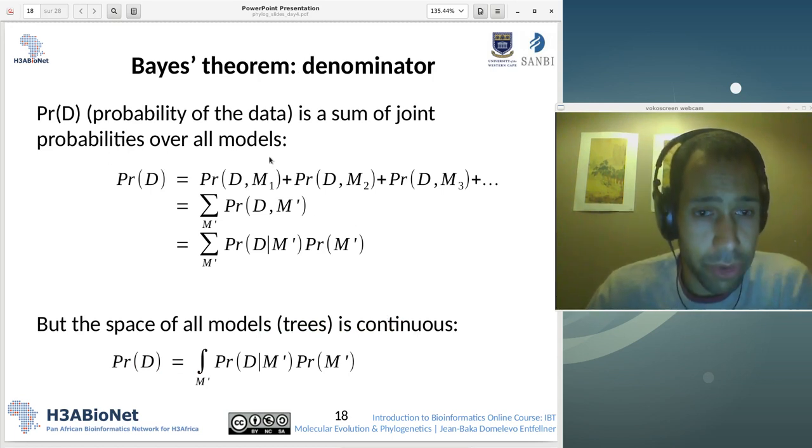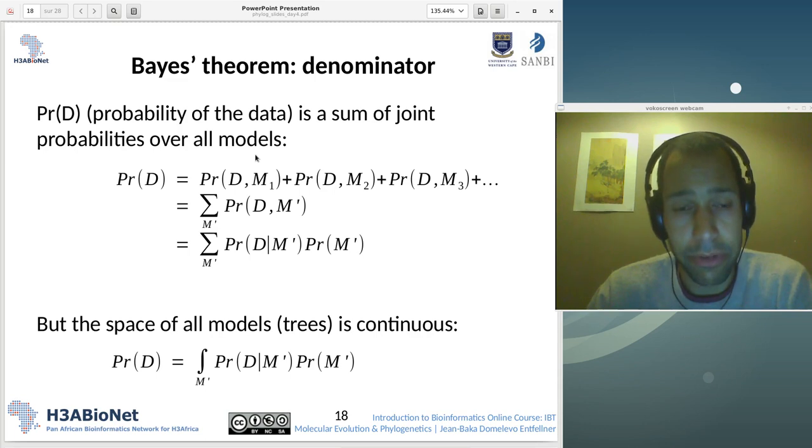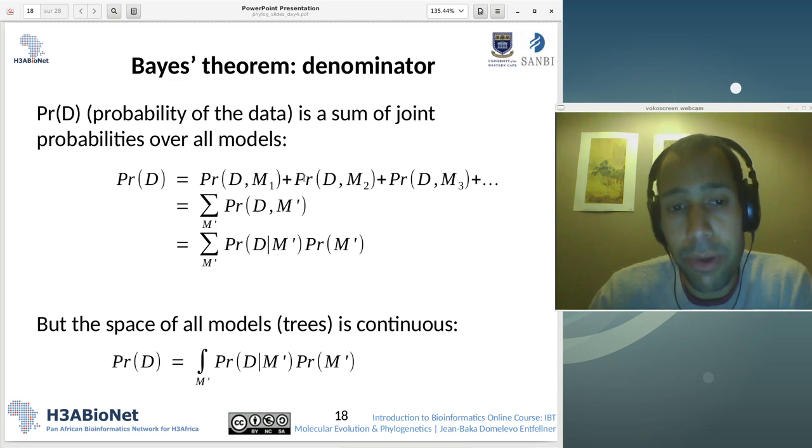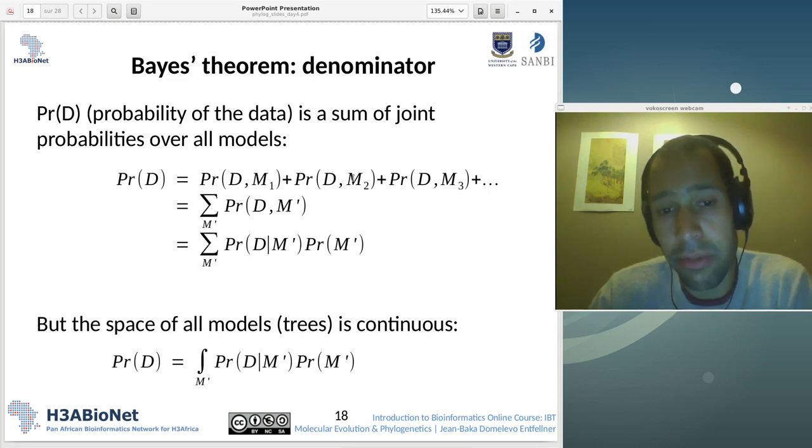It's in fact a sum of joint probabilities over all models. Okay, we have a certain number of models, possibly infinite, and if I want to calculate the probability of the data, I can say it's the probability to have the data and model 1 jointly, joint probability D and M1, plus the probability to have the data and model 2, plus the probability to have the data and model 3, etc. You sum them because these joint events are separate.